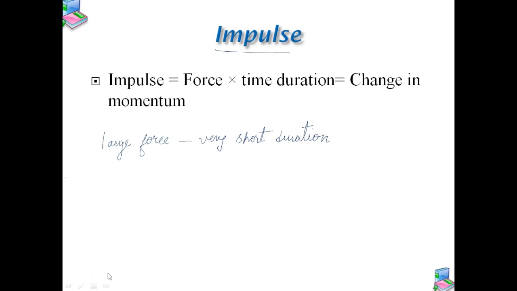Measuring the force and time separately is quite difficult, but the product of force and time duration, that is the change in momentum, is measurable, and this product is called impulse.